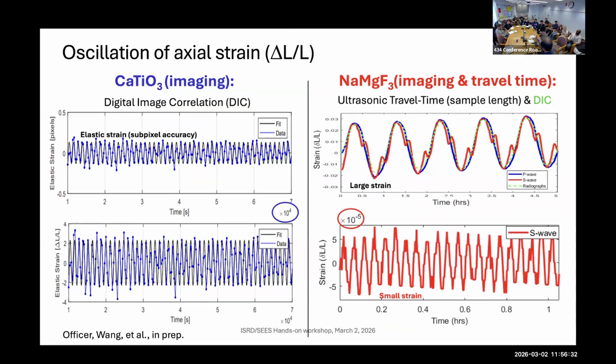As long as your strain is very small, you don't change the texture, so you can assume that the velocities of the sample are constant. The travel time basically tells you the length change. And in that case, you get a resolution of a few times 10 to the minus 5. And we know the seismic amplitude is typically 10 to the minus 6. So we're getting pretty close.